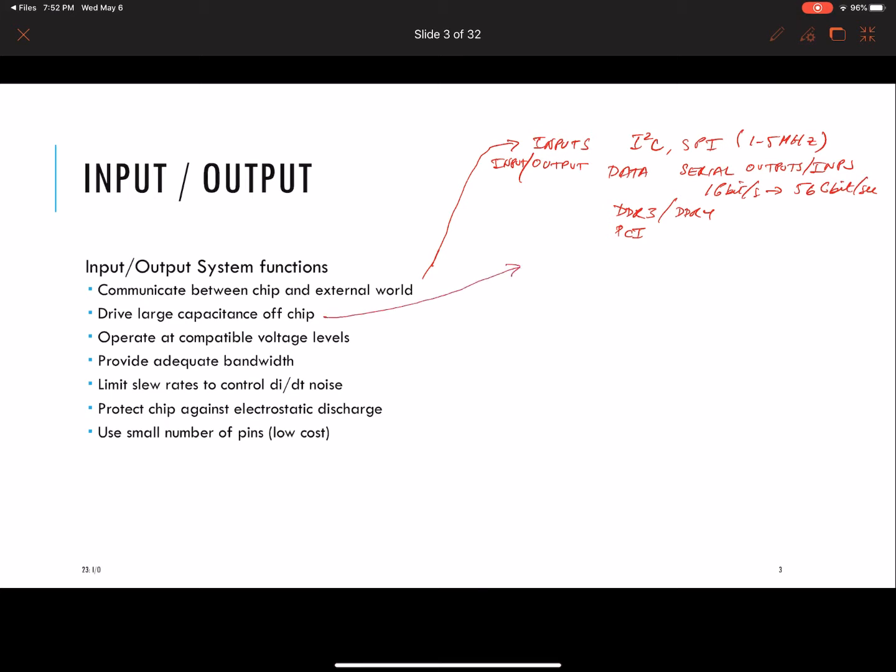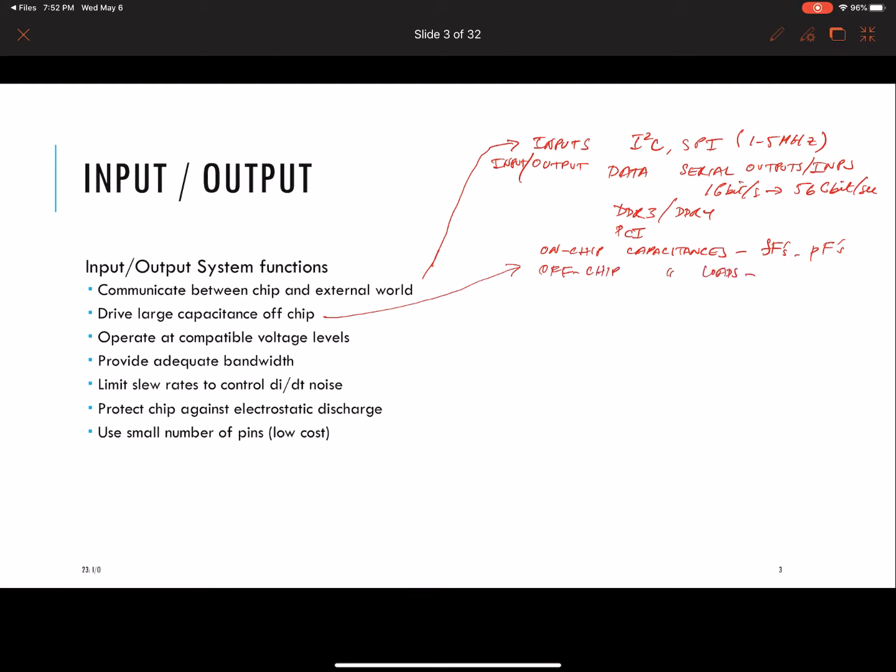You are on chip, you're designing your on-chip capacitances. Like I mentioned early on, things you see on chip are on the order of femtofarads to picofarads. Maybe you'll see something at a nanofarad, like a decoupling capacitance, but it's rare. But definitely off chip, your capacitive loads are going to be much higher.